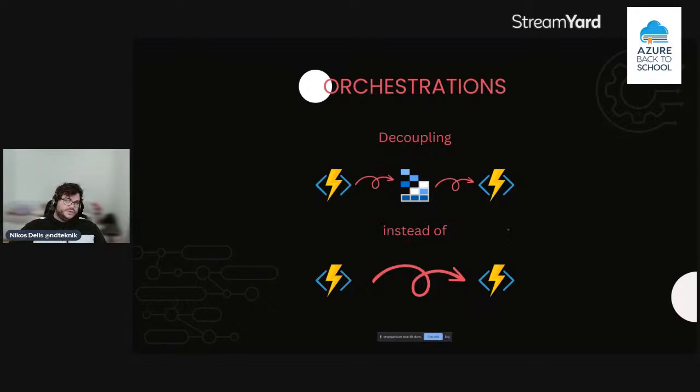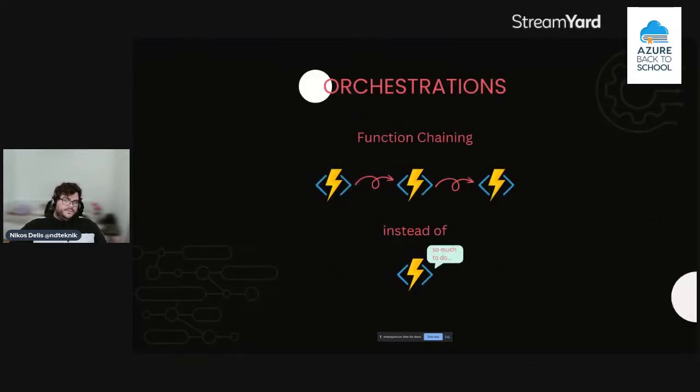The one that I will show you today is using Azure Storage. So instead of this function asking this function to do something, this function will put a blob, a small file, into Azure Storage, and this one will have a blob trigger, meaning that it will only fire when a file appears in Azure Storage. So we're going to achieve the same functionality, but this time we do not have any dependencies.